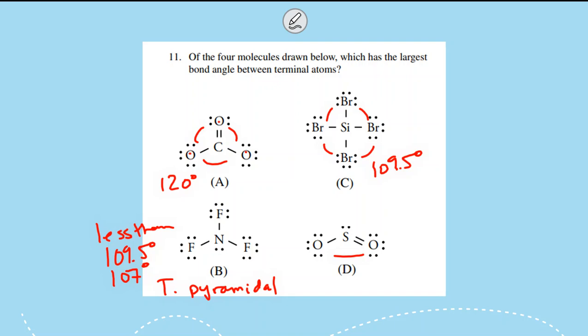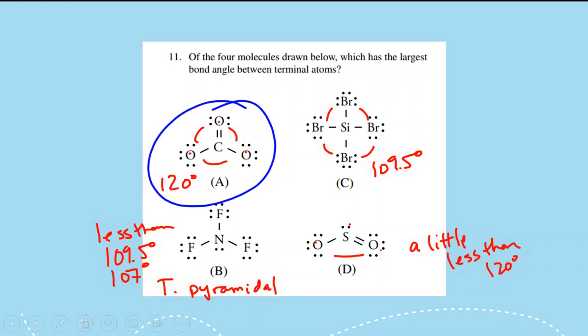What's the bent with only one lone pair usually? This is still 3 domains, 1, 2, 3. So trigonal planar domain should be slightly less than 120. Little less than 120. Okay, so it says which one has the largest? That's going to be A. A is going to be the largest.